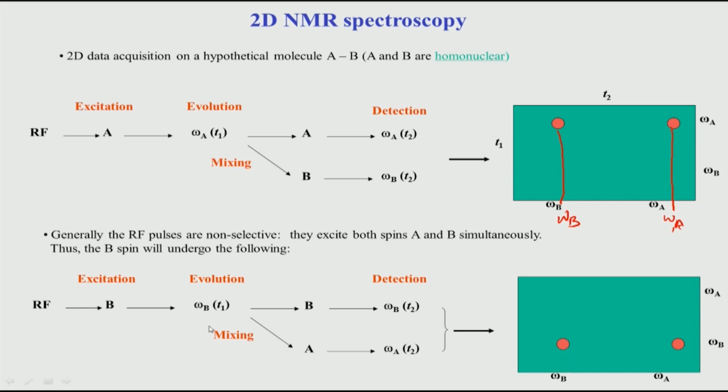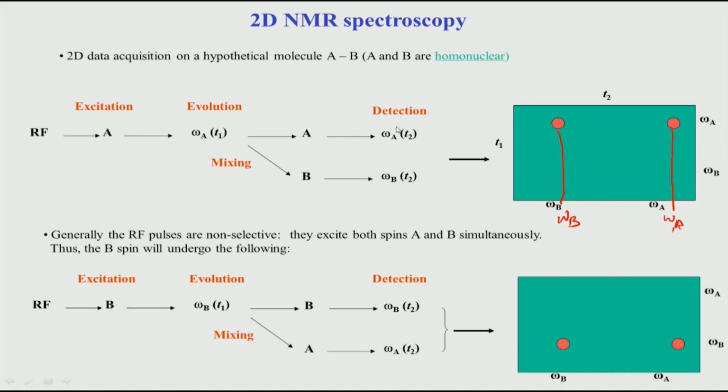Now, look at this other transfer: it has become A during T2 and it is B during T1. So, that will be the cross peak between A and B. Again, this is this peak here, this line here. The omega A is here and omega B is here. So, you get a cross peak between A and B because of this transfer.